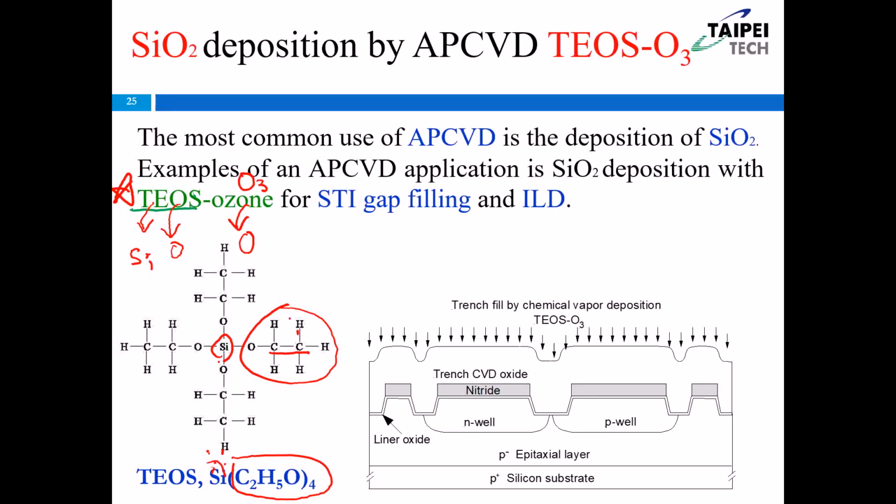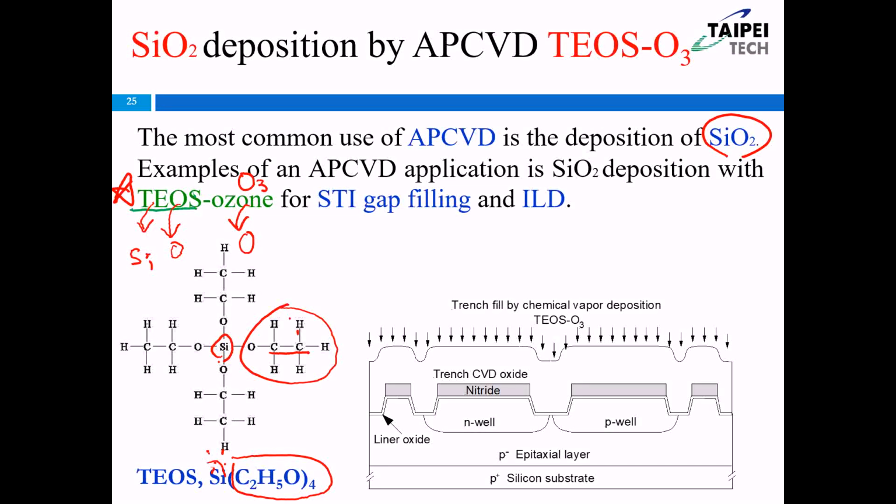So if our target is SiO2, silicon dioxide, TEOS and ozone is a very good choice. TEOS is the source for silicon and also a source for oxygen, and ozone can also provide the oxygen. So this precursor is important. We use TEOS a lot in IC fab.